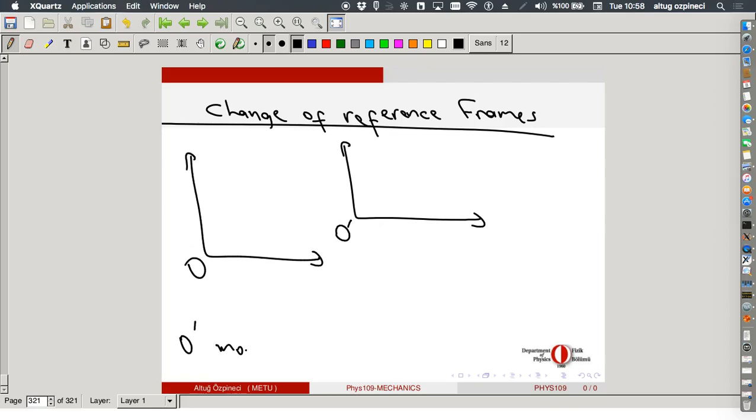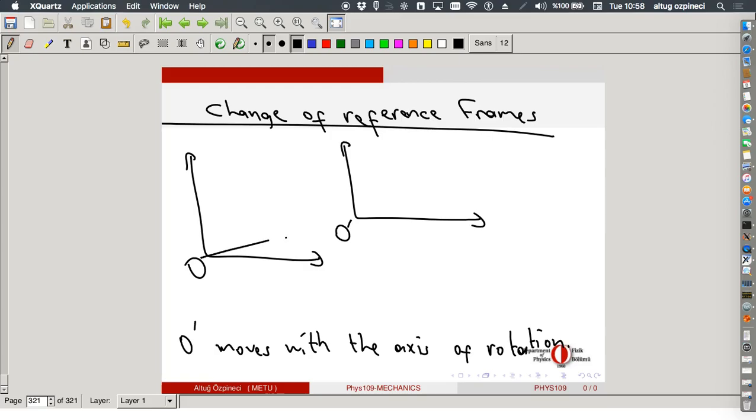So O prime moves with the axis of rotation. So in the O prime reference frame, all these points, now the center axis of rotation doesn't move. In my reference frame, it is constant. In your reference frame, it will have a velocity, and let's call that velocity V.